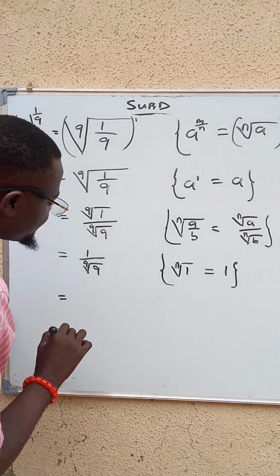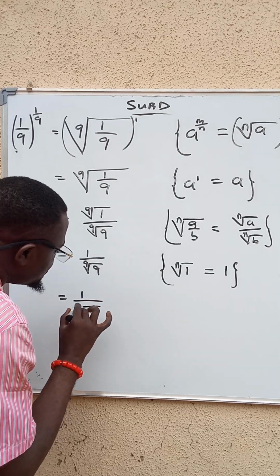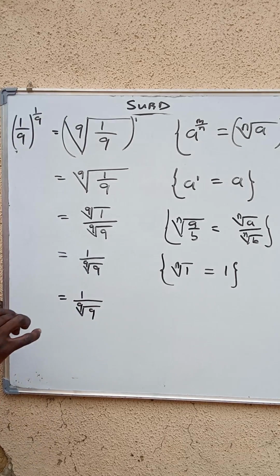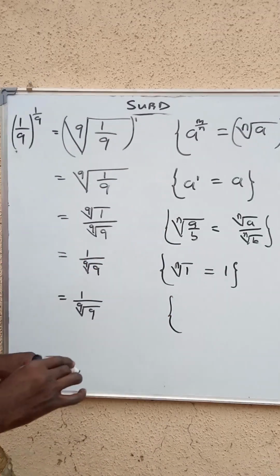Look at what I'm going to do here. I have 1 over the 9th root of 9, right? Now there's something that used to happen if you have something like that.